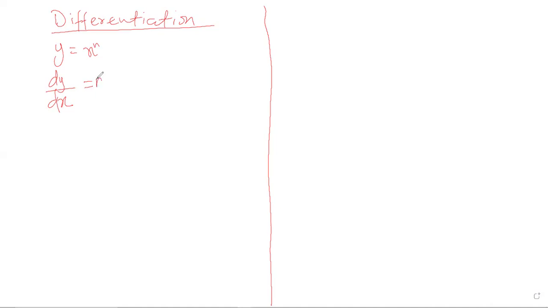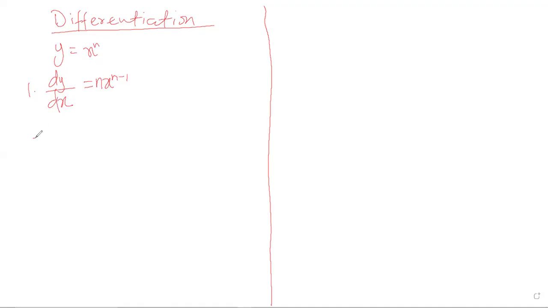So n, then you bring your x, and now you subtract 1 from the exponent, n minus 1. This is how to differentiate. So anytime you're given a function to differentiate, you bring the exponent to multiply the coefficient, and you subtract 1 from the exponent.